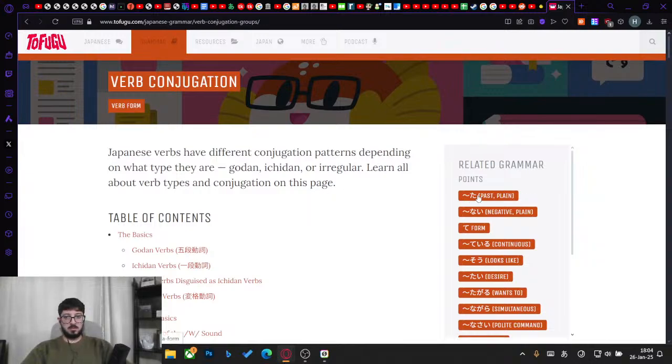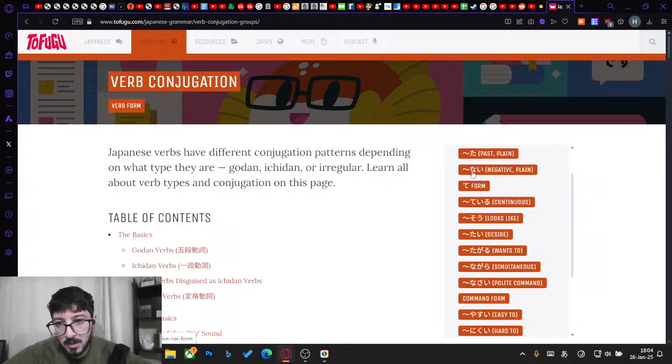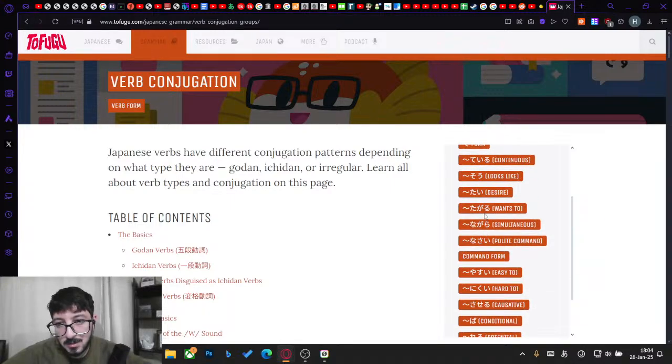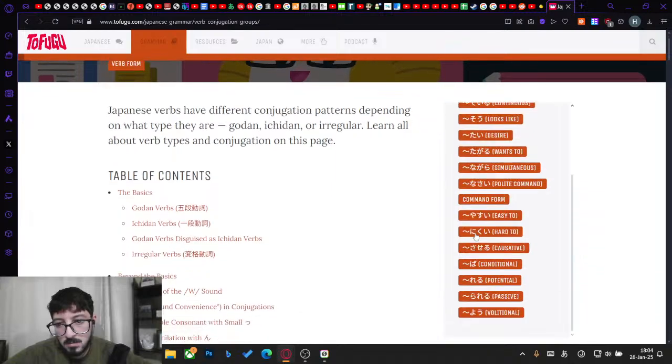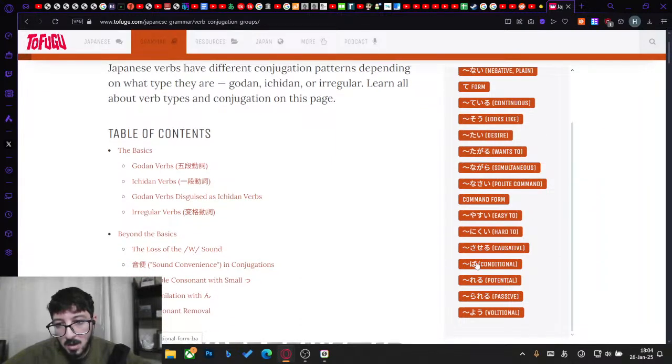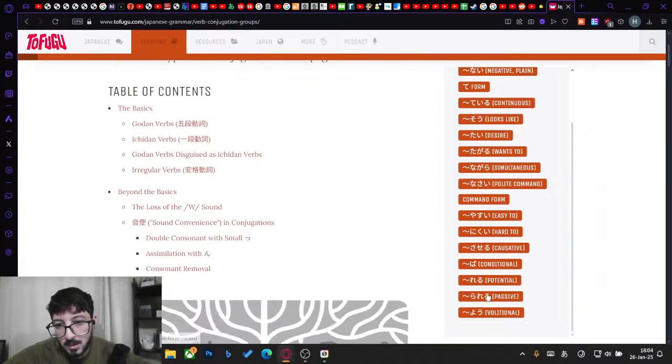Conjugation, past, related grammar points. Ta, nai, te form, teiru. So, dai, tagaru, nagaru, nasai, command form, yasui, ba, nikui, reru, rareru, yo.